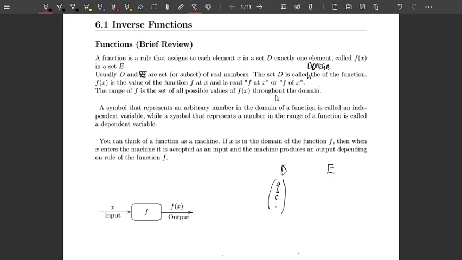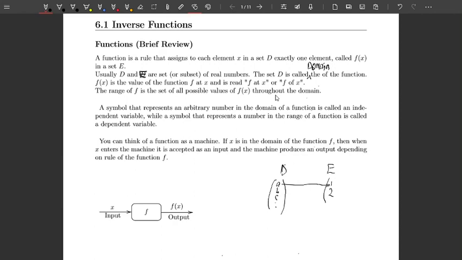Could be 1, 2, 3, could be anything. And my set E has elements maybe 1 and 2, and maybe other elements. So a function would be a rule that assigns to each element in D exactly one element in E and not more than one. What do we mean by not more than one?